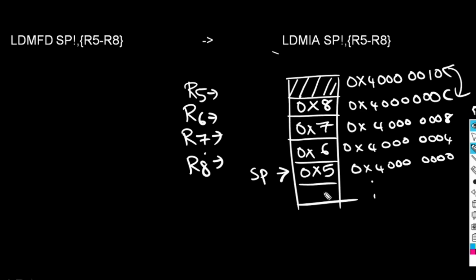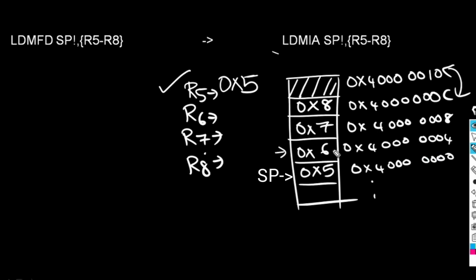If you notice here, which is the lowest address? This one. And as per this instruction, we have registers R5 to R8. Which among them has the lowest order? It is register R5. So when I perform LDM increment after, what does it mean? Initially the stack pointer is pointing here, so increment after loading. Load the first data into register R5. Then increment.